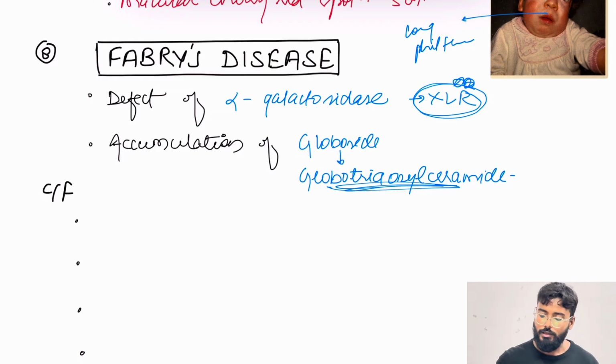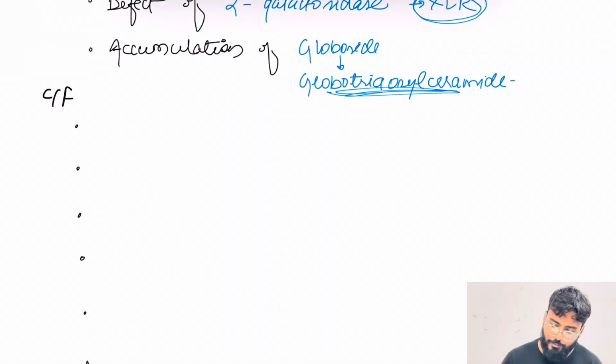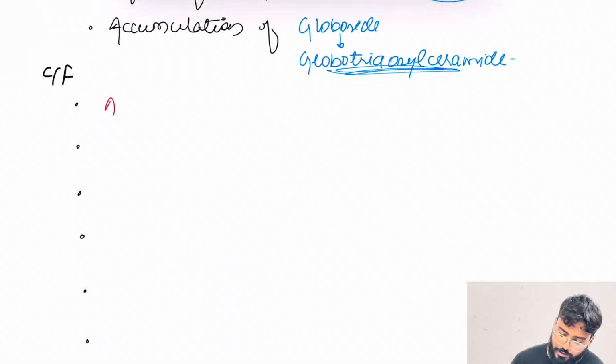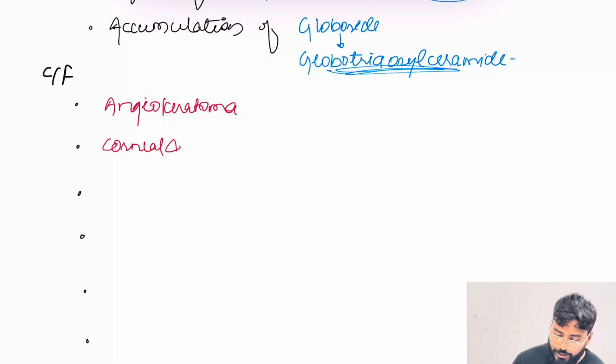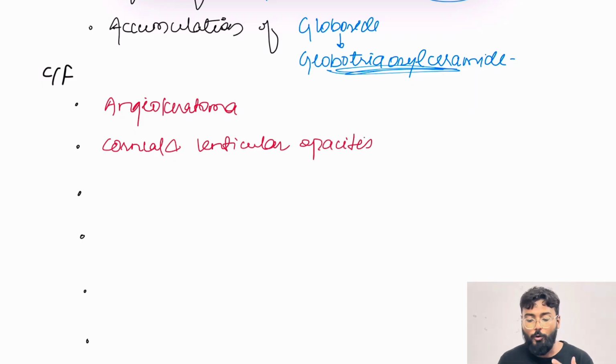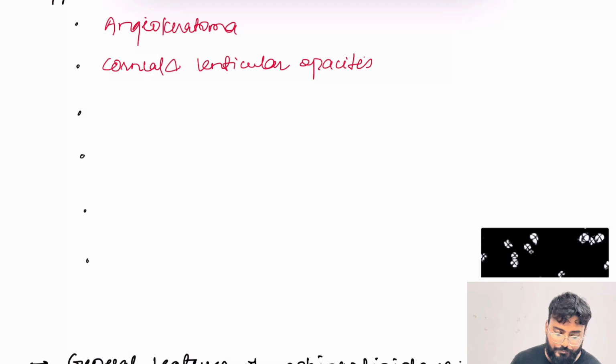Now, what are the clinical features that we need to remember here is we are also going to see angiokeratoma, corneal and lenticular opacities. You are going to see opacities in the cornea and also in the lens, and also you are going to see angiokeratoma.